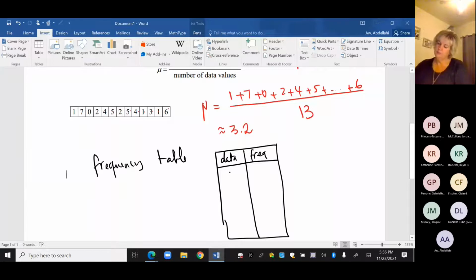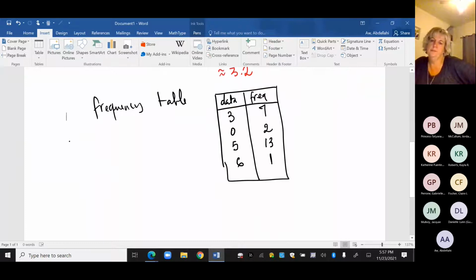So we have 3 was given 7 times. 0 was given 2 times. 5 was given 13 times, right? And 6 was given 1 time. Okay, what is the mean here? Find the mean.